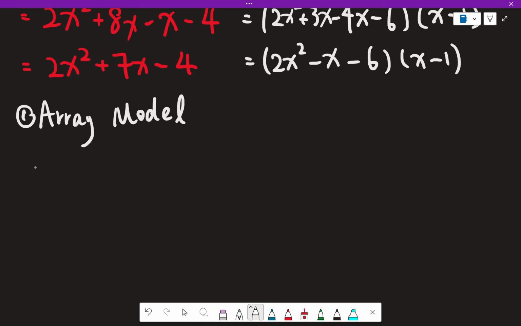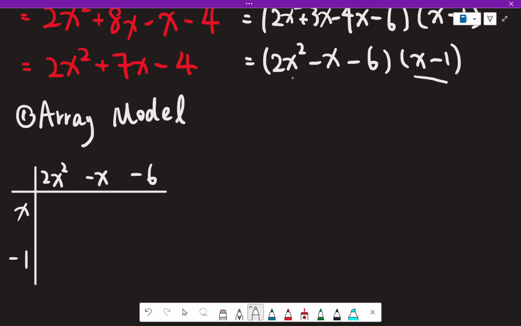So we still make a table like this, and we have x and -1 here, which are the 2 terms of this bracket, and 2x squared, -x, and -6, which are the 3 terms of this trinomial.